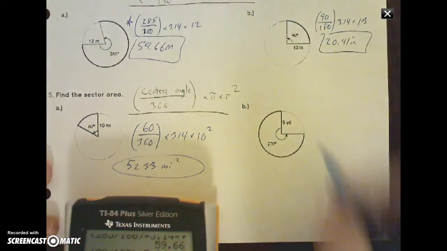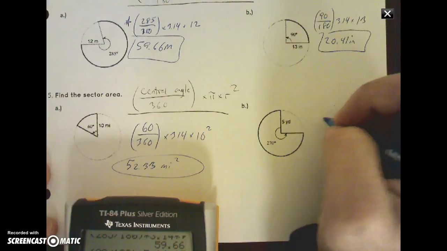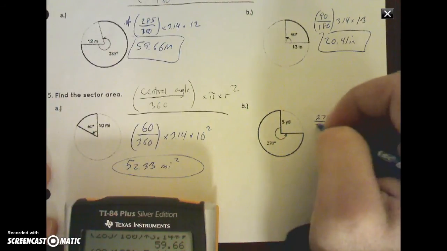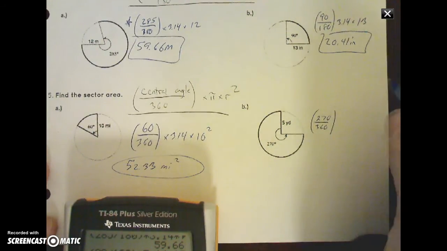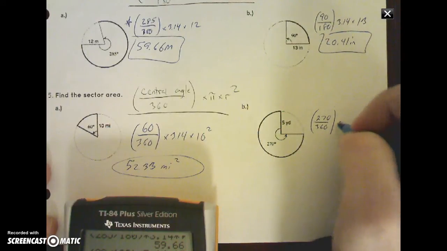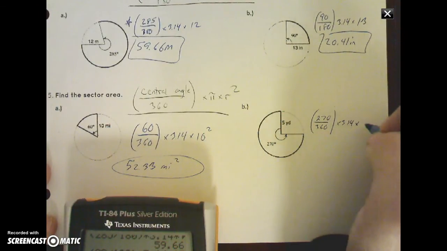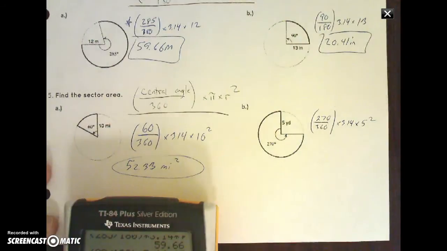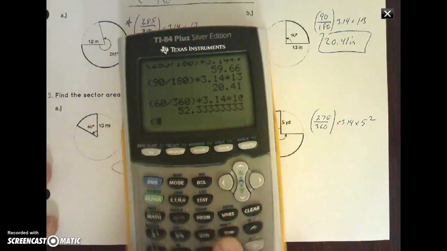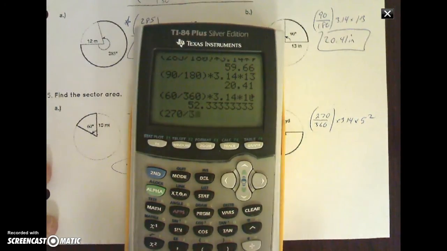Same idea over here. 270 over 360. Kind of a popular guy, in case you guys didn't know that. Times 3.14 times 5 squared. Parentheses 270 divided by 360 times 3.14 times 5 squared.